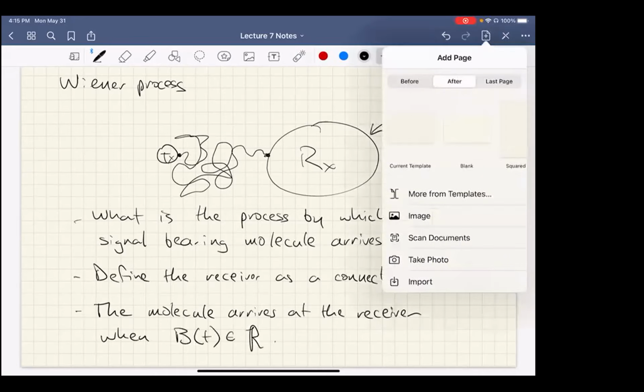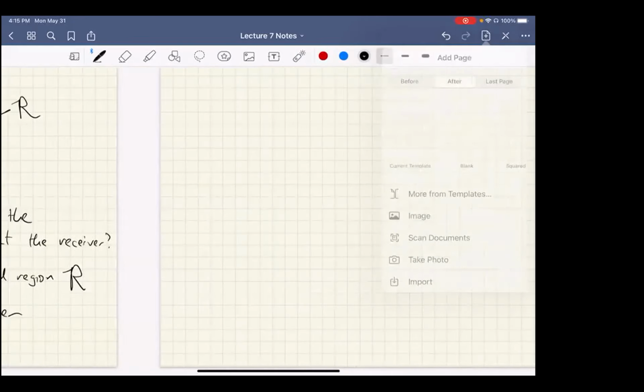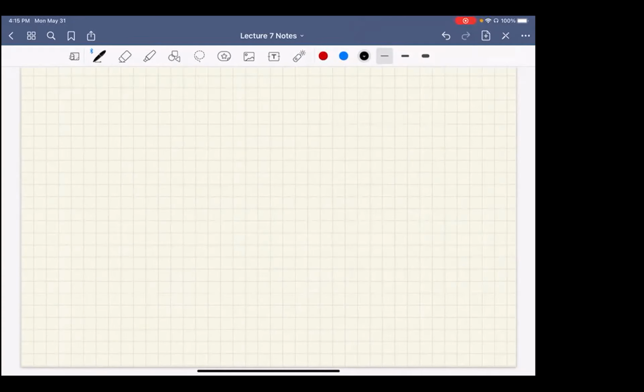So there's two things that can happen when the molecule arrives. One is that the molecule is absorbed, and that's called an absorbing receiver.